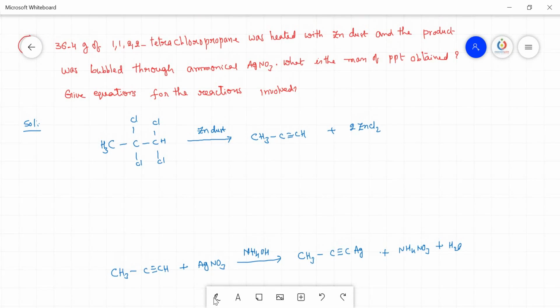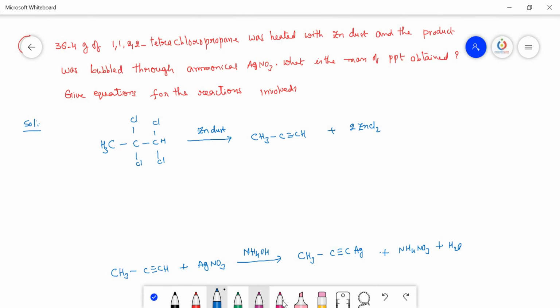If you observe one thing, let us write down the mole concept. 1 mole of this particular compound gives 1 mole of propyne. The mass of 1 mole of this molecule is 182 grams per mole. The molecular mass of the product is 40. So 182 grams of 1,1,2,2 tetrachloropropane gives 40 grams of propyne.